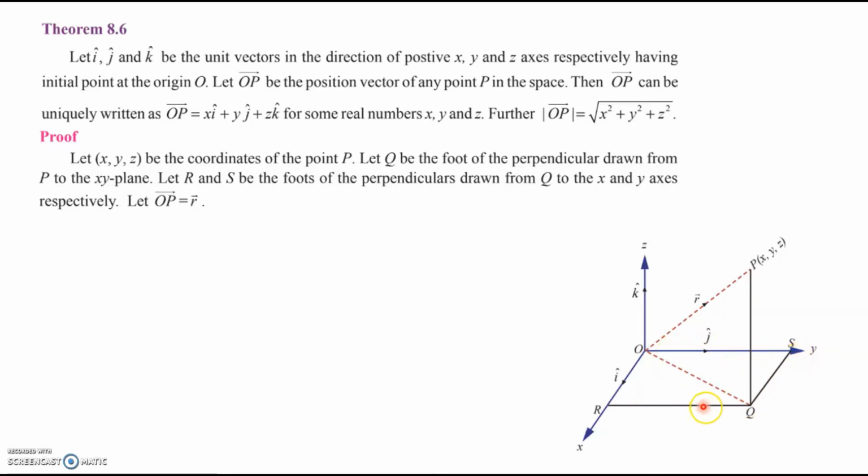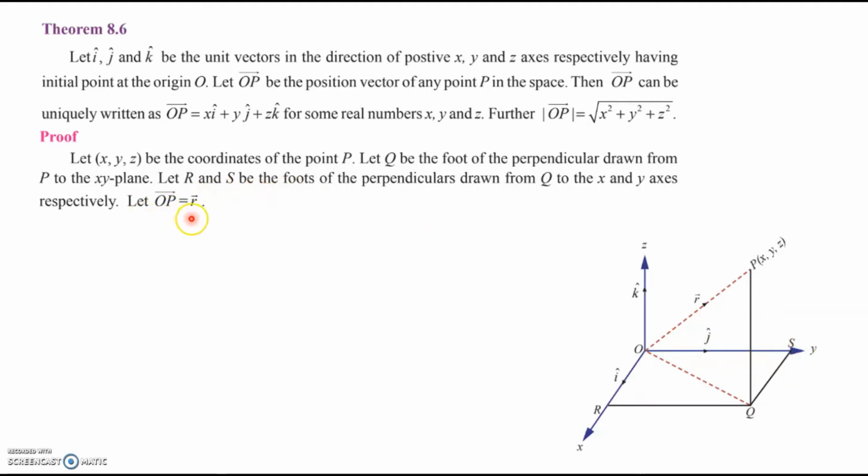So you're drawing two perpendiculars, one to the x-axis, the other to the y-axis, and R is the point at which the line touches the x-axis, and we call it the foot of the line. Similarly, the other line touches the y-axis at S. So that's so simple.